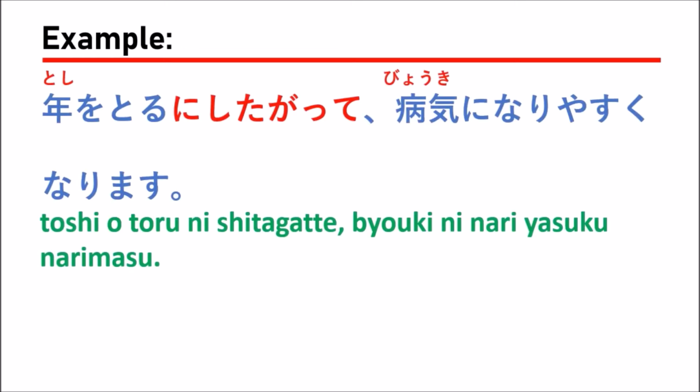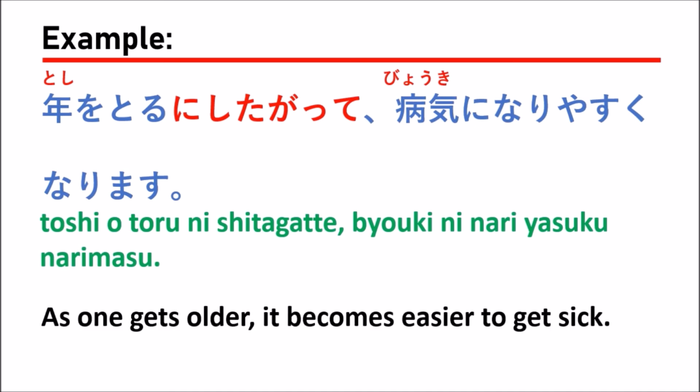The next example, 年を取るに従って病気になりやすくなります。Which means that as one gets older, it becomes easier to get sick. In this sentence, before nishitagatte they use toru. Toru means take or get, something like this.